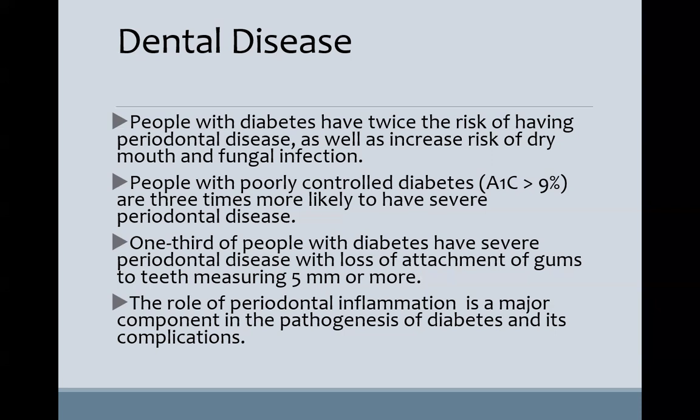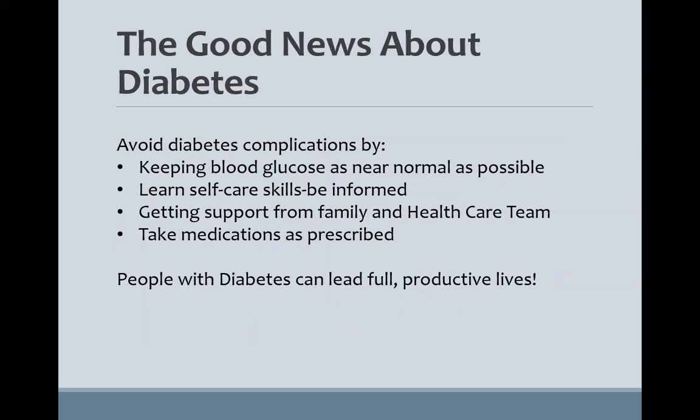So one thing affects the other. It's a vicious cycle. It's a negative cycle where high blood glucose negatively impacts infection control and dealing with chronic infection. And chronic infection, such as periodontal disease, negatively affects trying to stabilize and manage high blood glucose readings. So this is a vicious cycle.